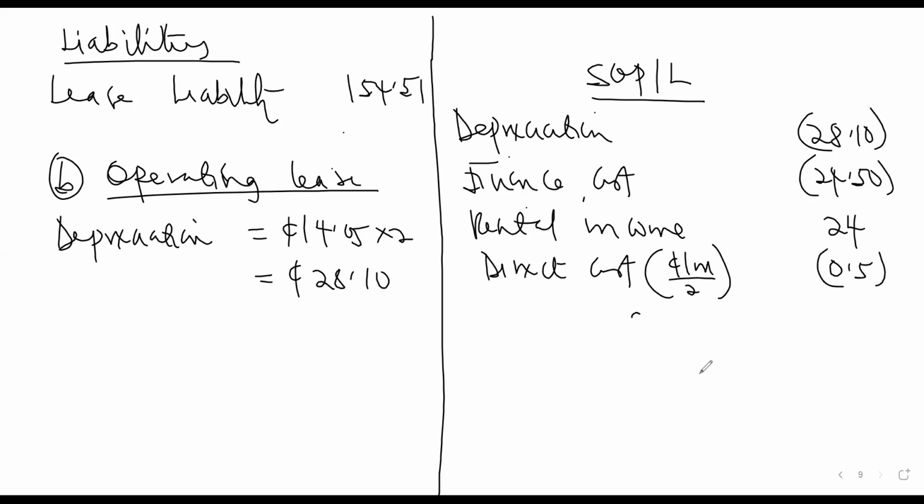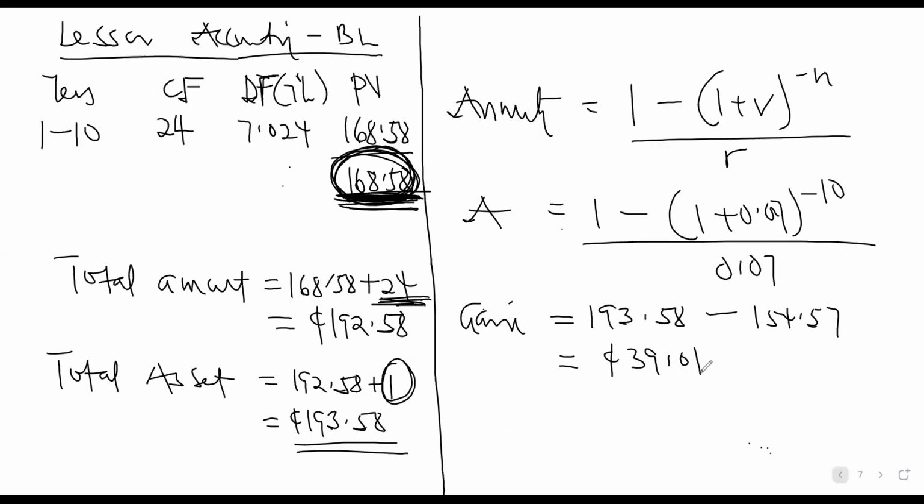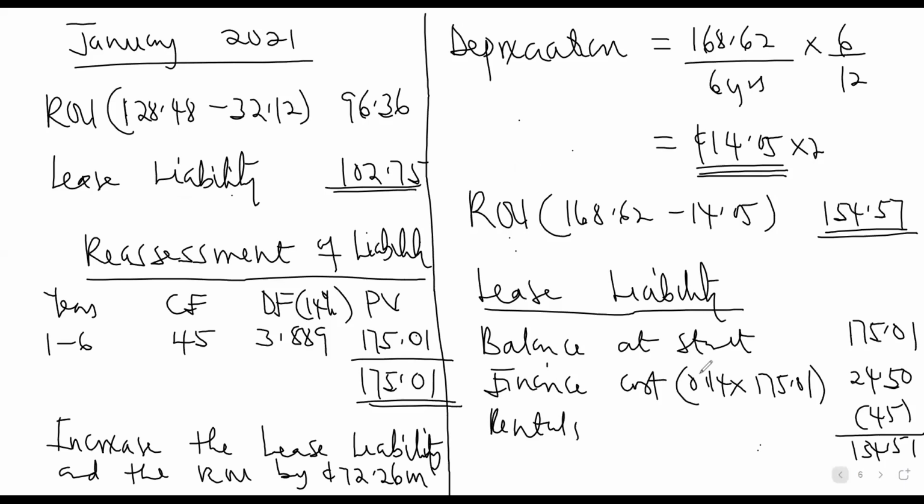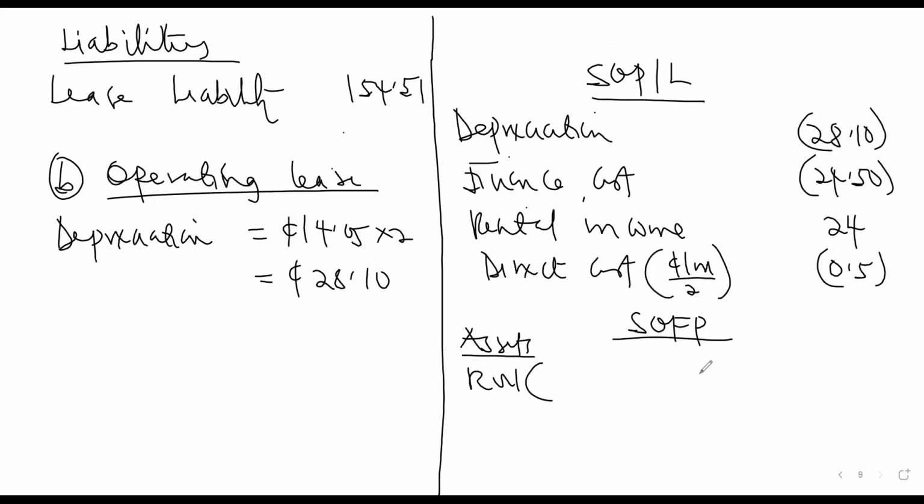Okay, let's come to statement of financial position. We will now have assets. We have the right of use. The right of use will now be the original value, which is 168.62 minus what? 28.10.